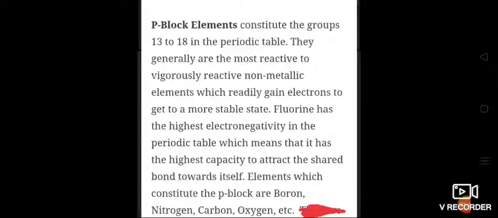The reactivity of elements in a group generally decreases downwards. At the end of each period is a noble gas element with a closed valence shell, that is ns2 np6 configuration.